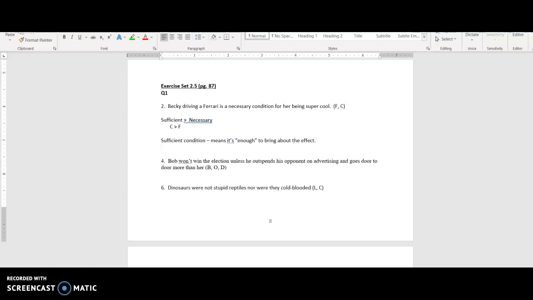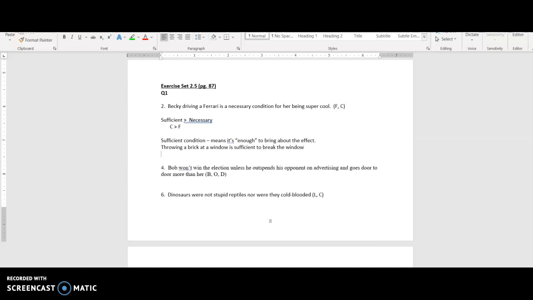So the example I always use, throwing a brick at a window is sufficient to break the window. Another way of saying that is, if I throw the brick at the window, then the window will break. So if B, the brick is sufficient to bring about W, the window breaking.